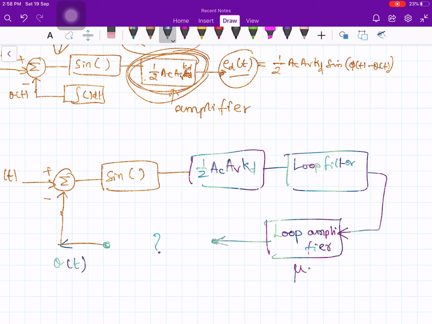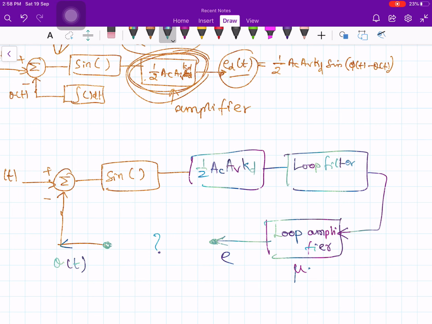How will the VCO be represented here? The VCO is not being represented as producing an output which is sin omega ct plus theta of t. It is now being modeled as producing an output which is equal to theta of t. So this is purely a mathematical model for what the VCO is doing. So how is theta of t related to these 2 points?